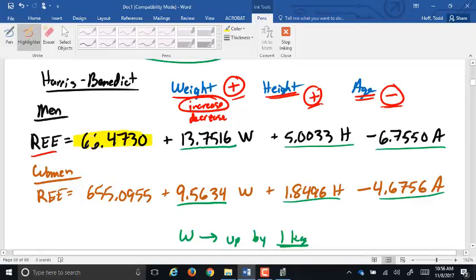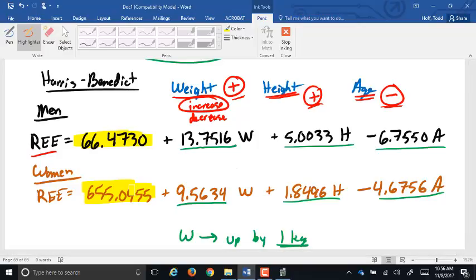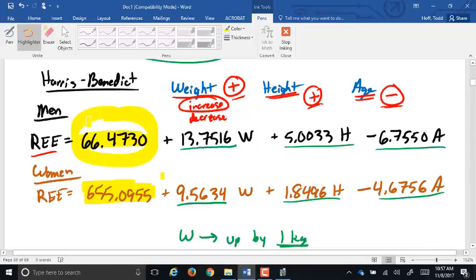What do you think this number here means? That's not multiplying the height, the weight, or the age. It's just a number. What do you think those numbers mean? That's your base calorie expenditure. For men, this number is really small, so their calorie expenditure is more variable.